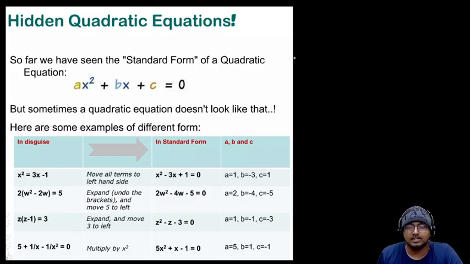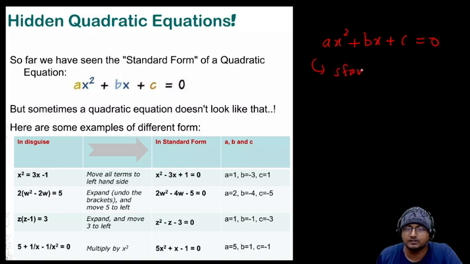Hello. In the last class, we discussed the standard form, right? How to bring any equation into the form of ax square plus bx plus c equal to 0. This is the standard form of a quadratic equation.